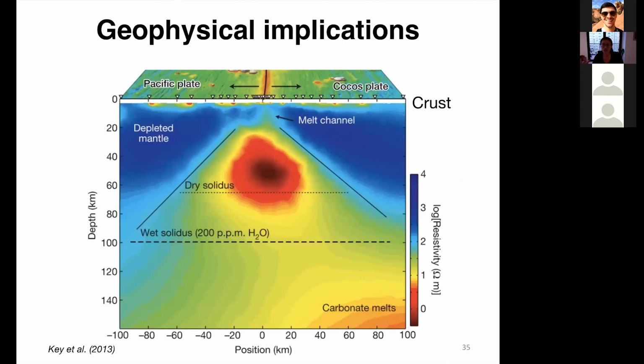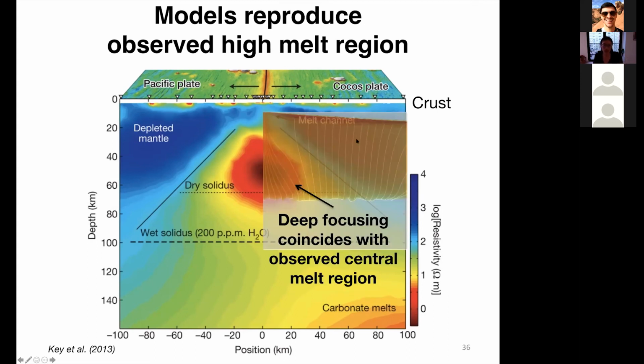One of them is when we look at geophysical observations, such as this magnetotelluric inversion from Kerry Key et al., where they see this really red blob that they interpret as melt. This is a highly conductive region that they interpret as melt. Once you overlay the best-fitting spreading rate model that we have, you see that the deep focusing coincides with the observed central melt region. That's pretty neat.